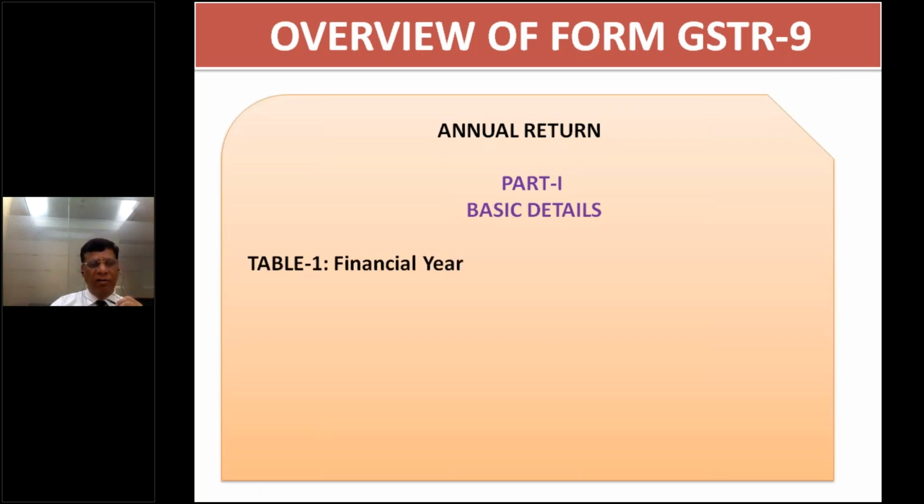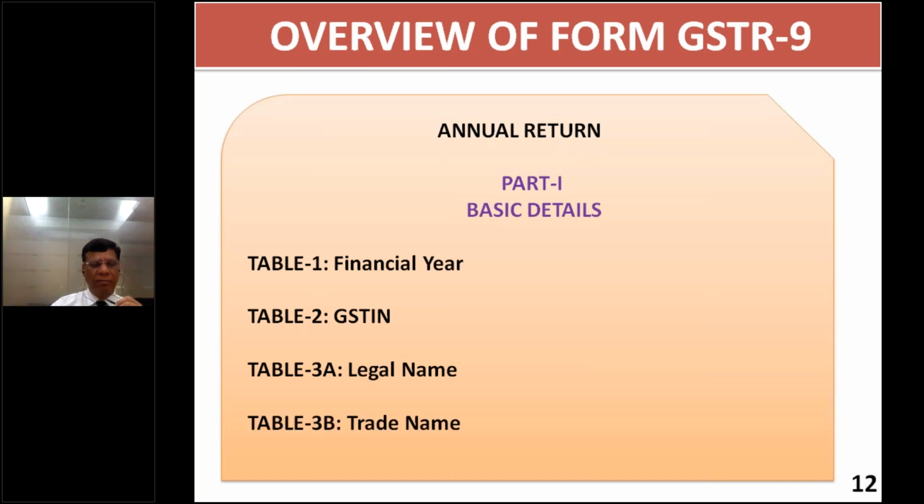It contains Table 1 where we have to mention the financial year, Table 2 the GSTIN, Table 3A the legal name, Table 3B the trade name. In the coming slides we will be explaining how these tables or sub-tables are to be filled. So the annual return comprises a total of six parts. Part 1 contains basic details.